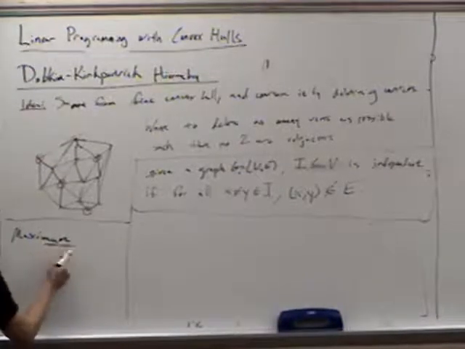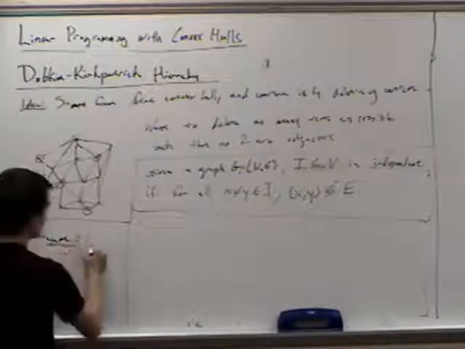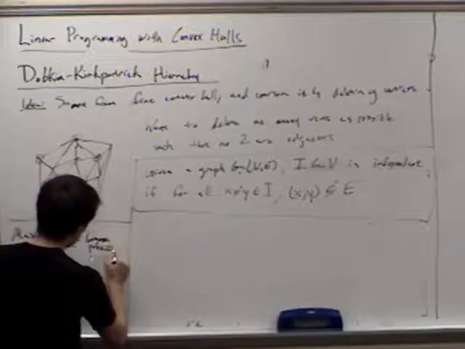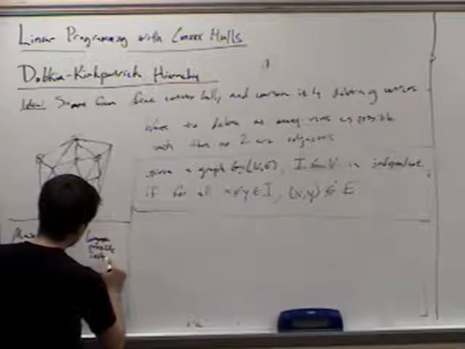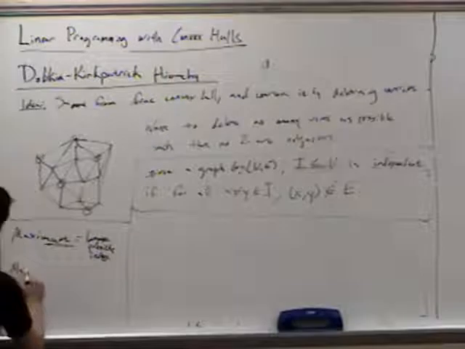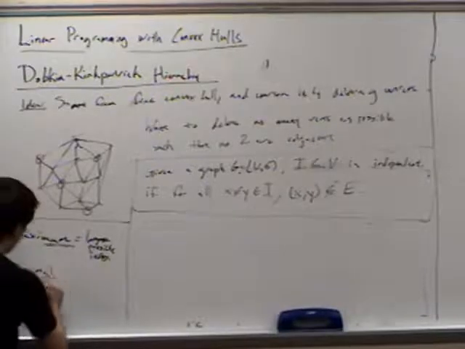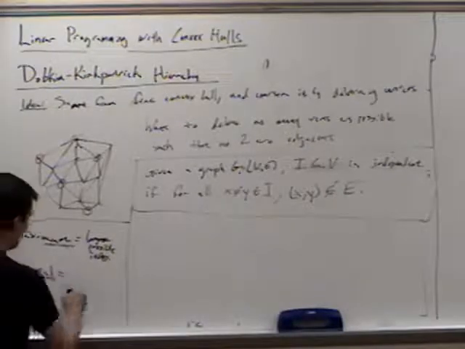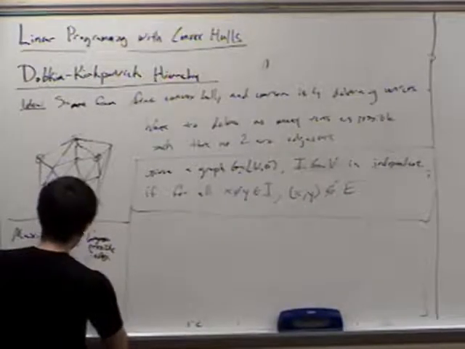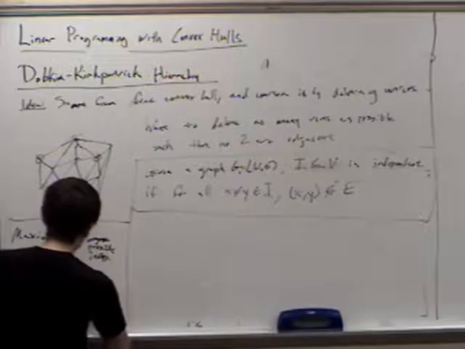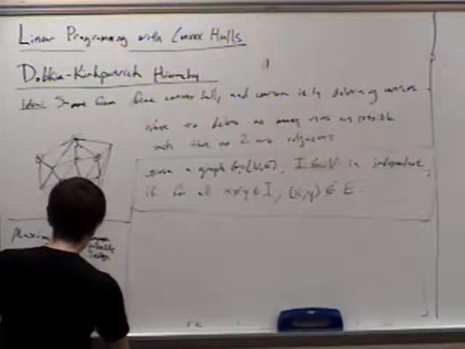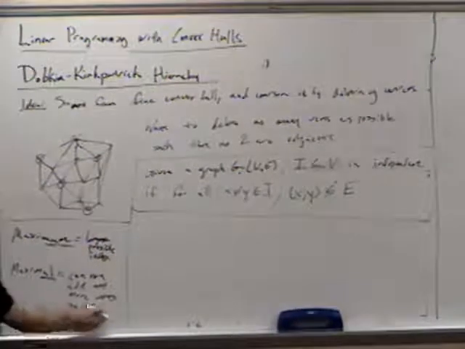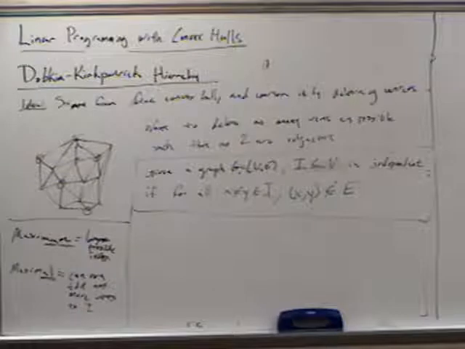So maximum with the UM at the end equals largest possible independent set, a maximal with the AL at the end instead of a UM is: you cannot add any more verts to I. So in other words, if you added even one vertex to the independent set, it wouldn't be independent anymore.